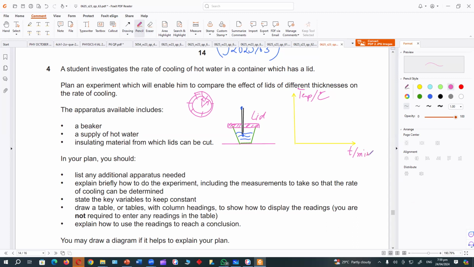This is how I will record the values. So I will draw the graph, and the gradient is the rate of cooling.